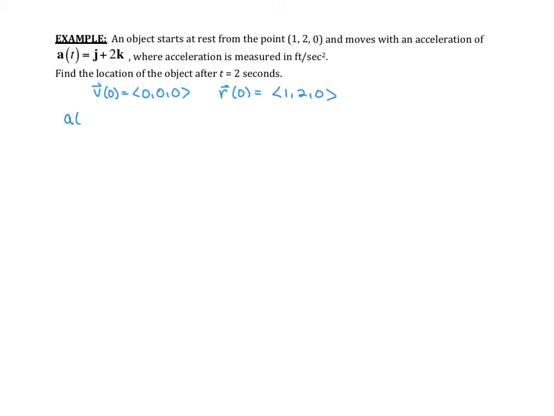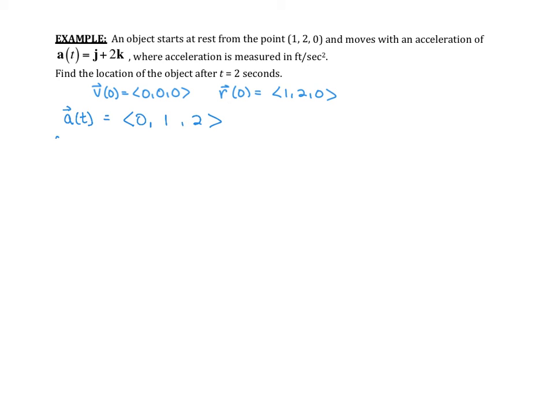So I am going to rewrite that in vector form. Okay, so now what we need to work at is finding the position when t equals 2. So r of 2 is what we're trying to find.